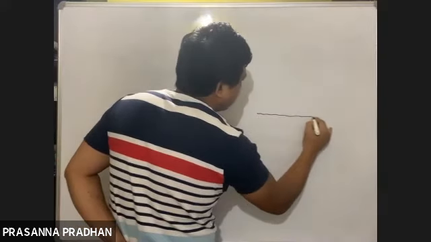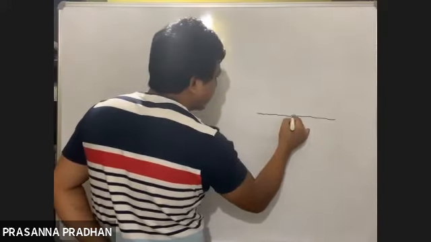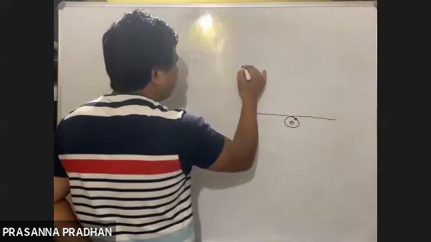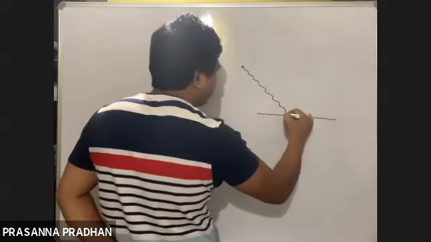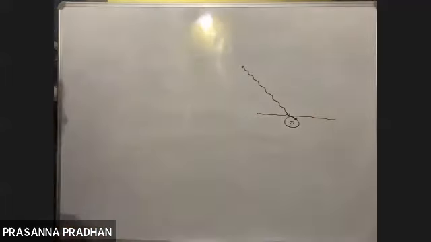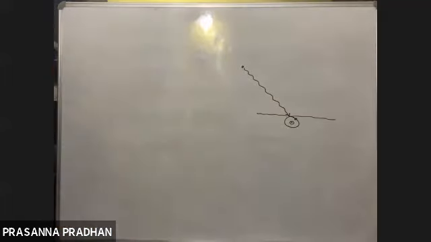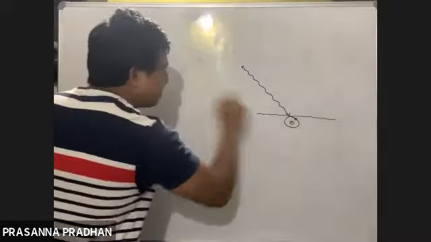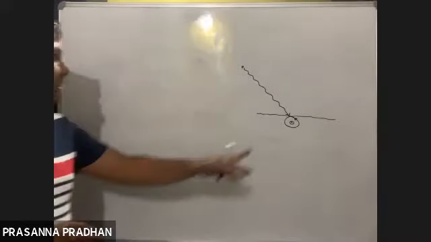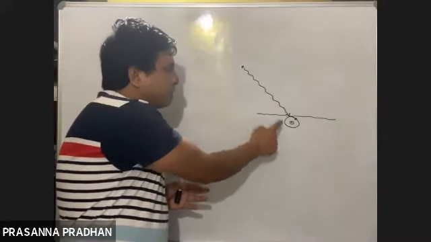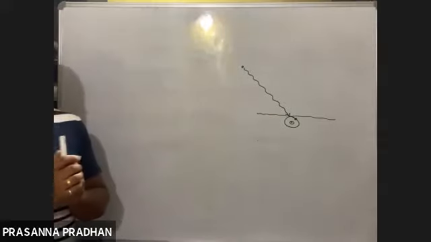Again, I'm going to draw the same thing. We have an atom here, with an electron in the outermost shell of the atom, and we have light. In order to eject this electron, will it just eject like that? No. Why not? Because this electron is attracted by the nucleus. So in order to eject this electron, some energy is required to overcome this force of attraction.